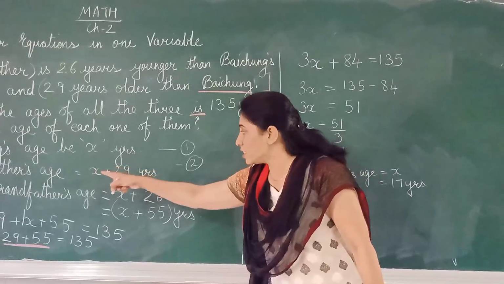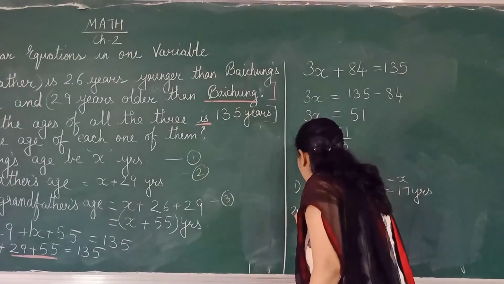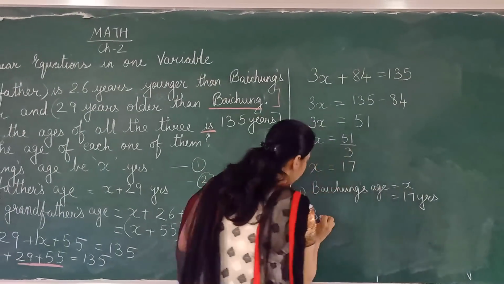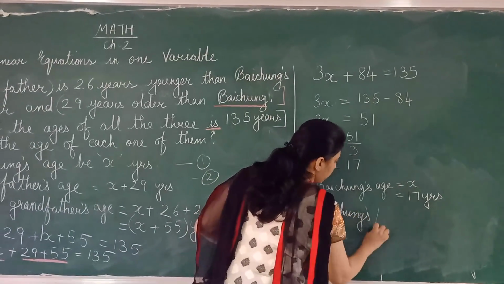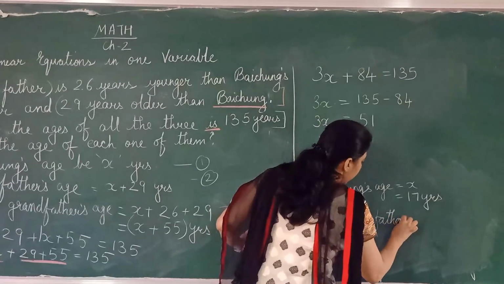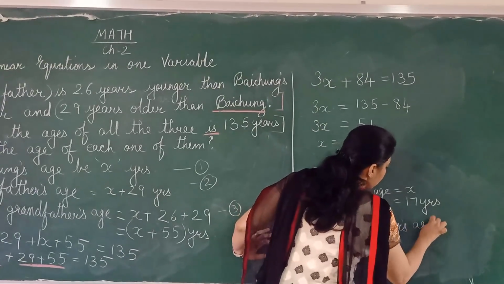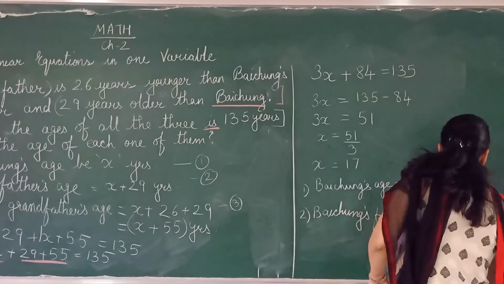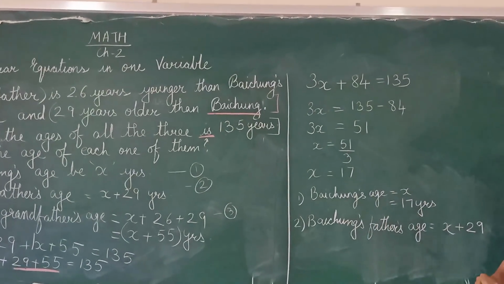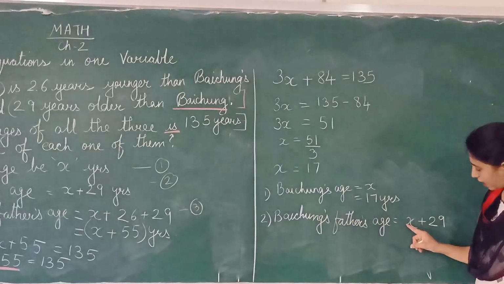Okay. Now what is Baijan's father's age? Baijan's father's age is equal to x plus 29. Okay. What is Baijan's father's age? It is x plus 29.